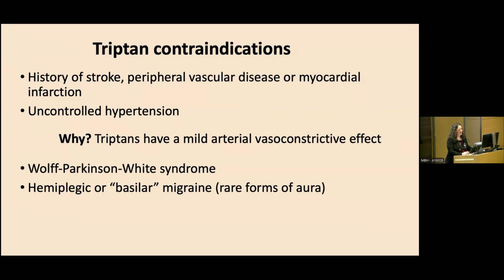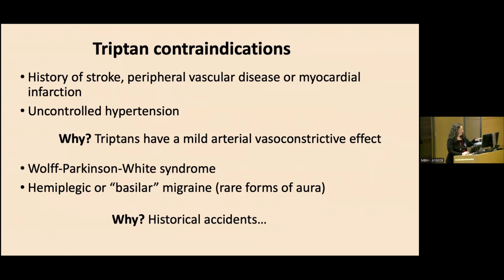And then the other thing that's going to be listed there is what's called either hemiplegic migraine, which is when you have weakness on one side of the body. That is a rare form of aura. And I would imagine if that's happening, you're probably going to refer that patient to neurology. Or what used to be called basilar migraine, which is now called migraine with brainstem aura, where people will get diplopia, dysarthria, vertigo, loss of consciousness. Again, a very rare form of aura that would probably be a patient who would go to neurology clinic.